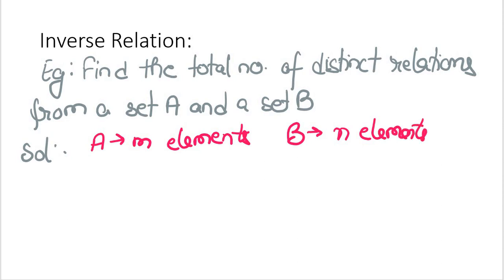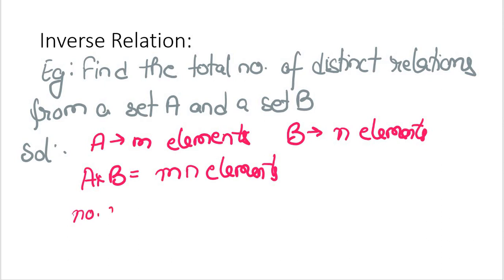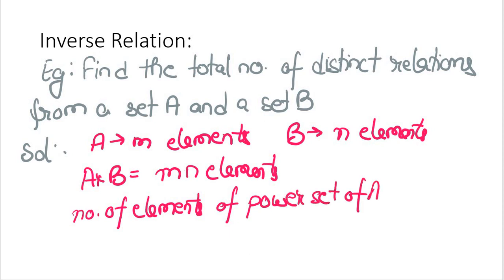So A cross B will have m into n elements. So the power set of A cross B, the number of elements of the power set of A cross B, will be 2 to the power mn.